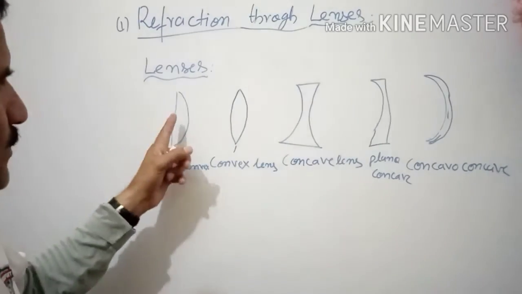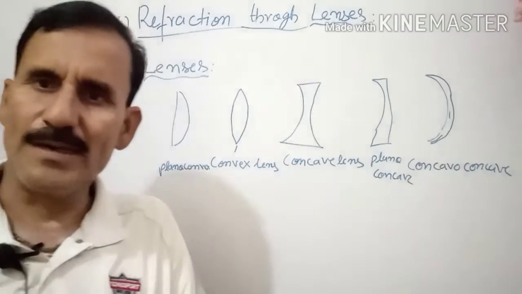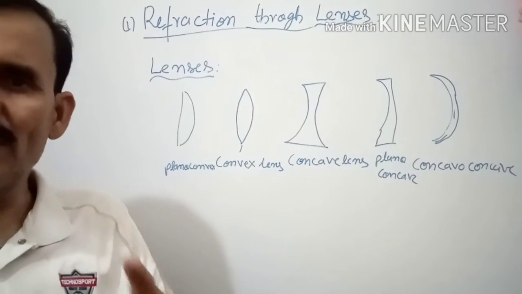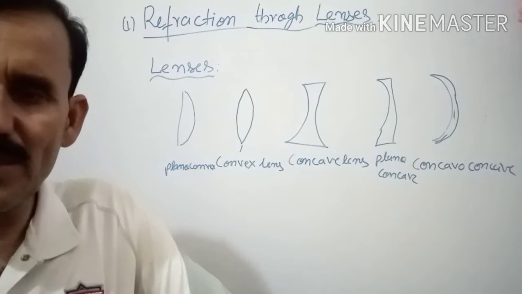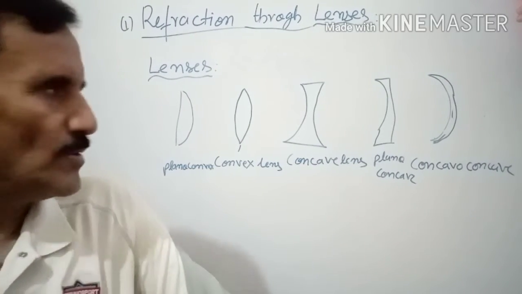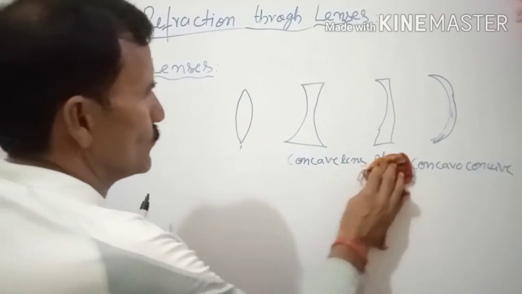So there should be a transparent medium covered by two surfaces, at least one of which should be curved. Here we are not going to take all, only these two.